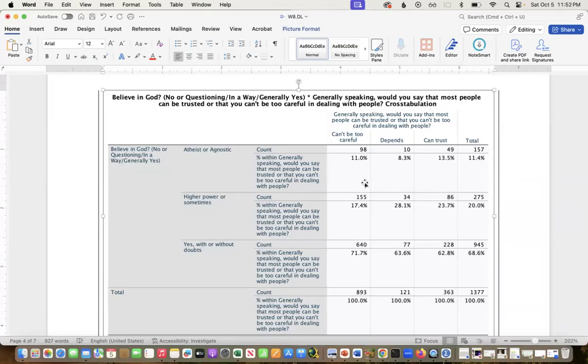So you see I'm comparing these as I go across. What I'm not doing is just saying, oh, a majority of them, no matter what, believe in God with or without doubts, right? That's true, but that's not what I'm interested in here. I'm interested in the variation between these and whether there is variation and what that relationship is.